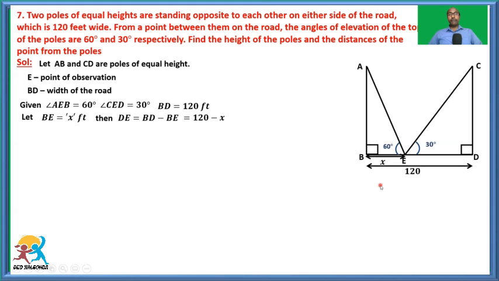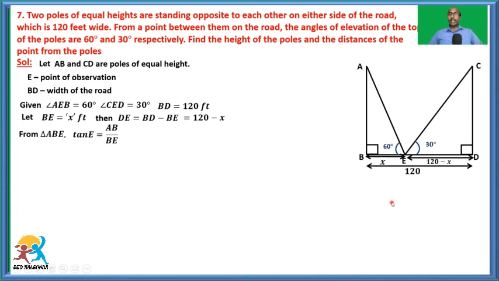I'm writing here BE is equal to x and ED is equal to 120 minus x. From triangle ABE, find AB, and from triangle CDE, find CD, and by equating both AB and CD, we get the answer, that is x.